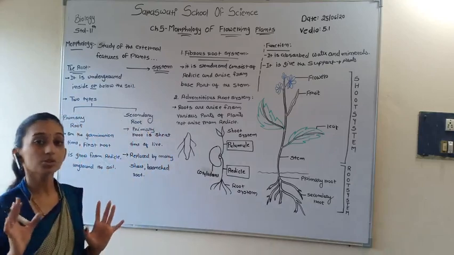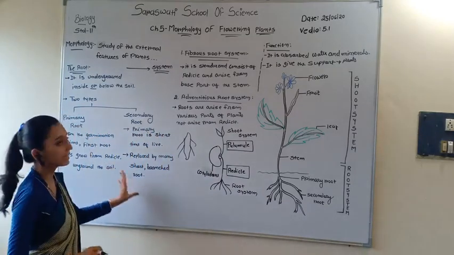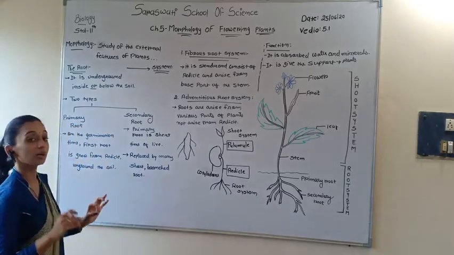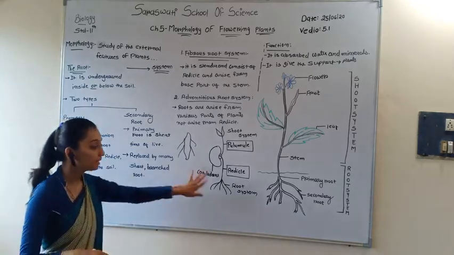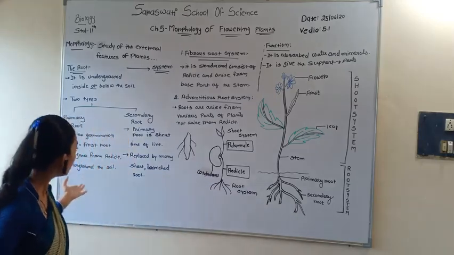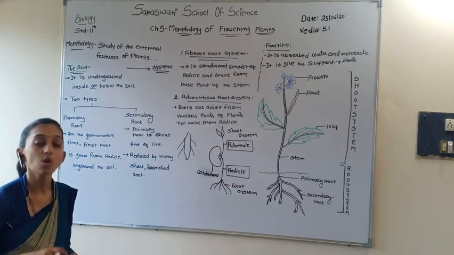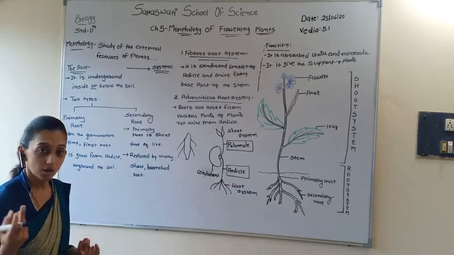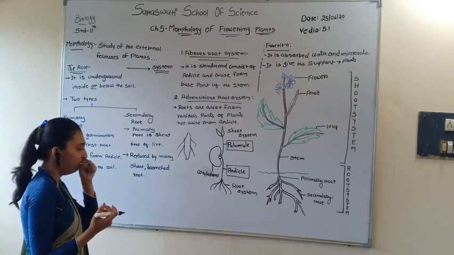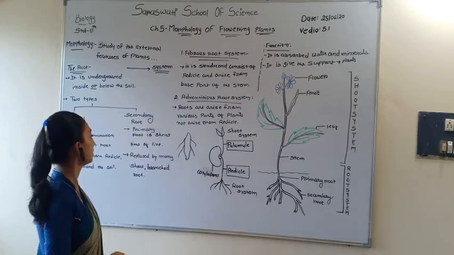We have to study two types of root: primary root and secondary roots. Primary roots develop from the radical portion. In some plants the primary root lives for a very short time, so fibrous or cluster-type short roots arise from the primary root, known as secondary root.